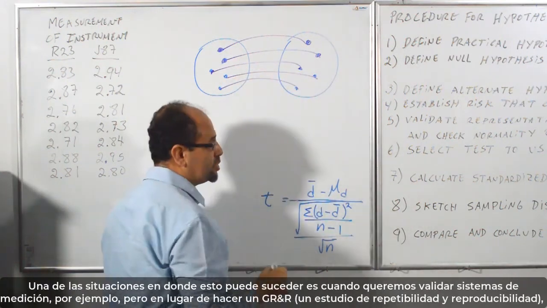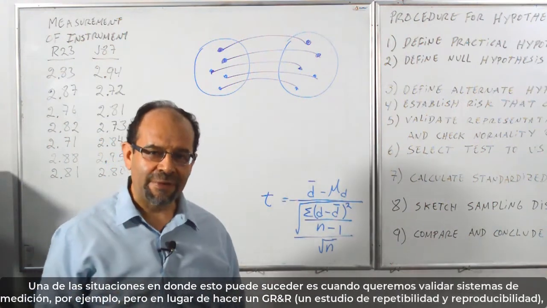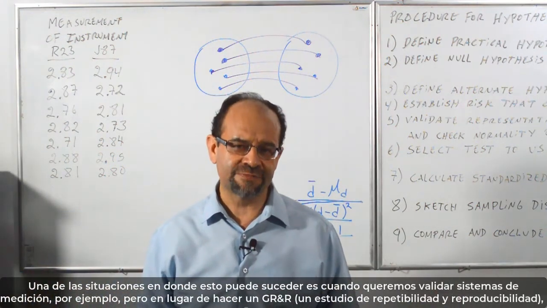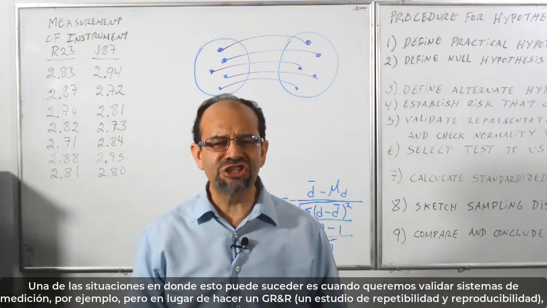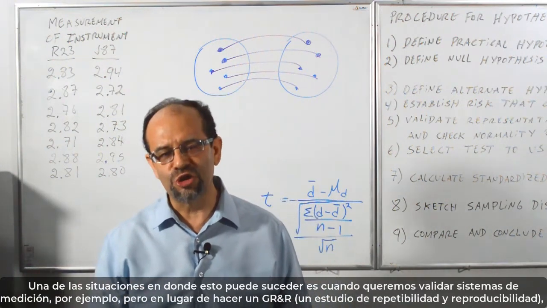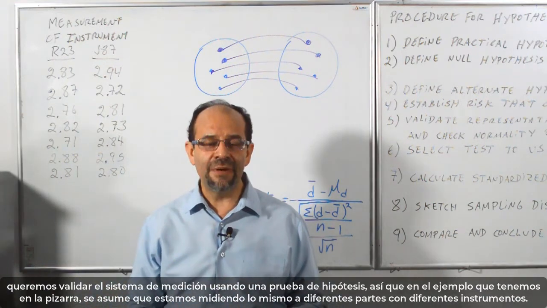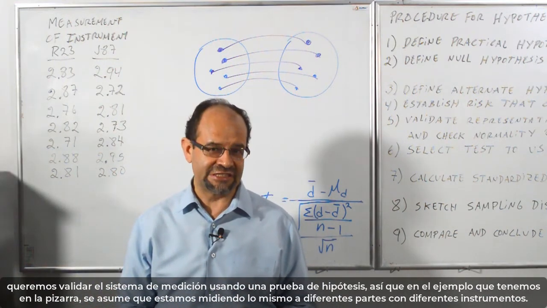One of the situations where that can happen is when you want to validate measurement systems. But instead of doing a gauge R&R, a repeatability and reproducibility study, you want to validate the measurement systems using hypothesis testing.